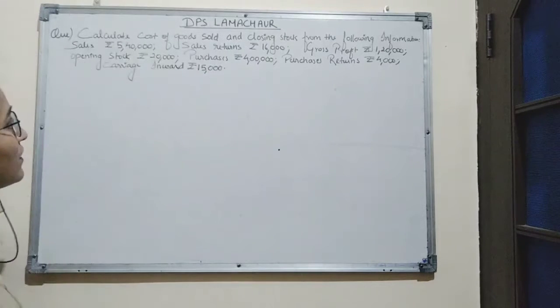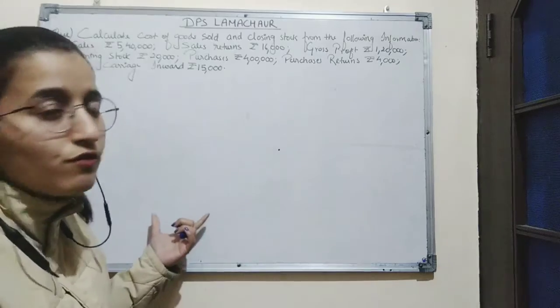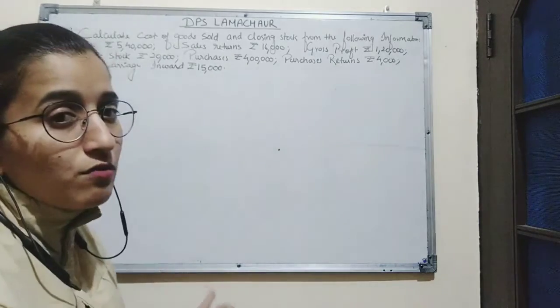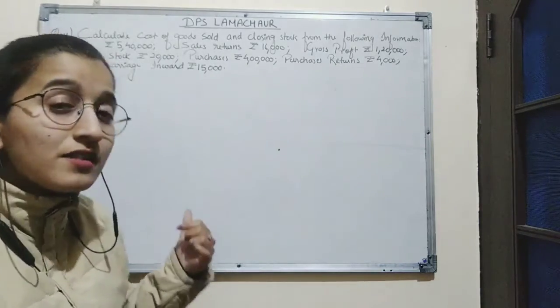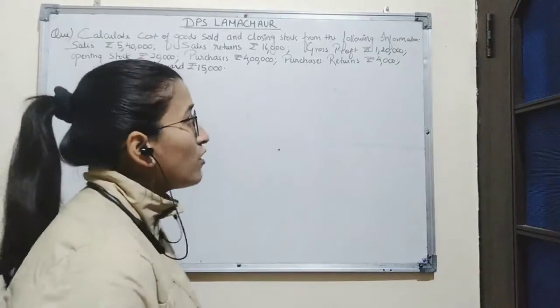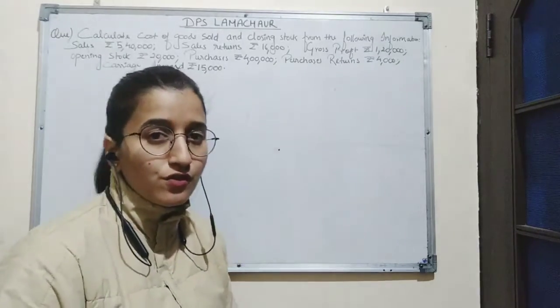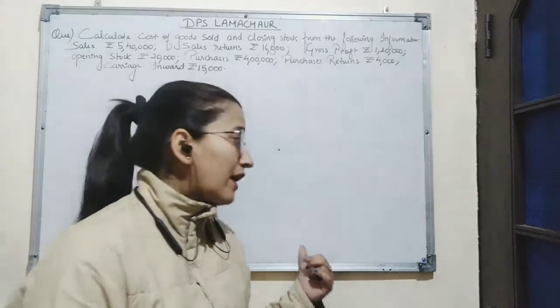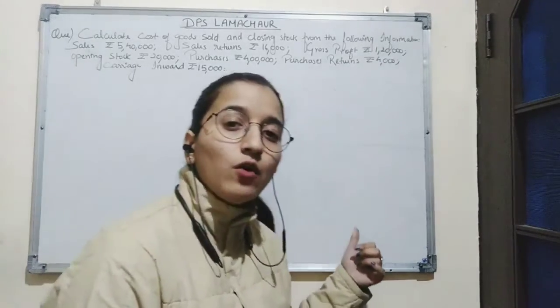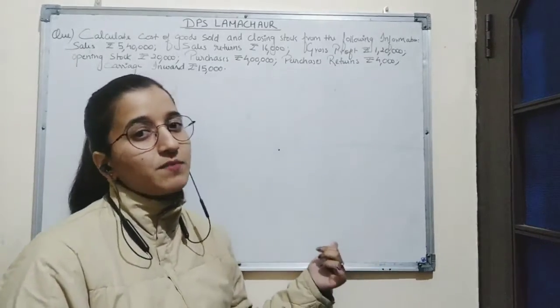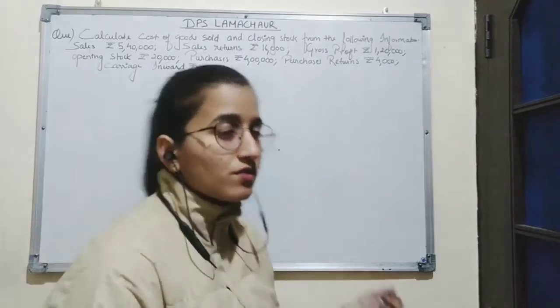So as in the given information, we can first find out the cost of goods sold. We know there are two formulas for calculating cost of goods sold. First is, while calculating cost of goods sold, we add opening stock, purchases, direct expenses and subtract closing stock.